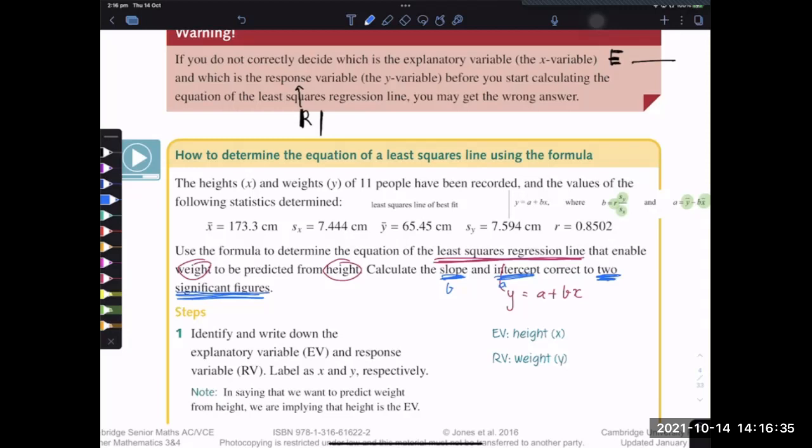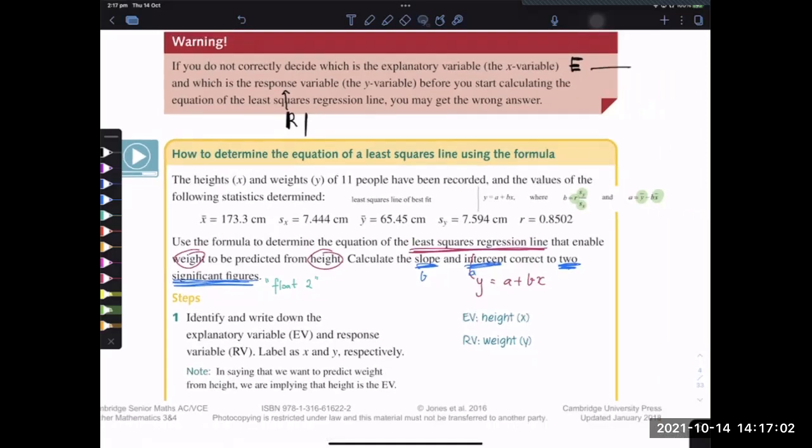Would be float. That's correct. So float 2. This is how they represent it on the CAS or online or on computers. Different language, same idea. We're just translating between the two.